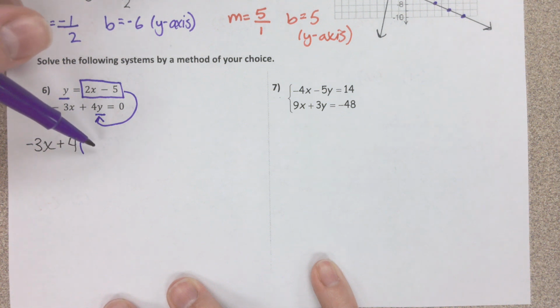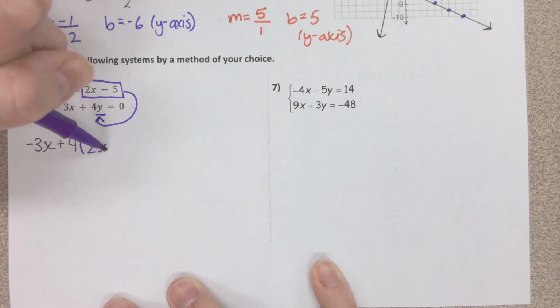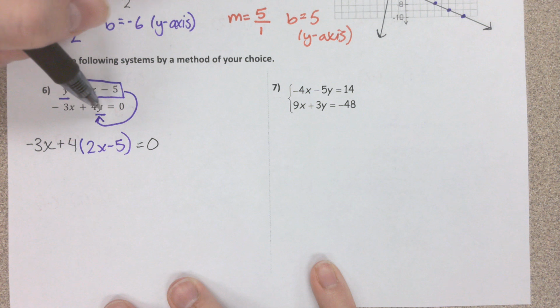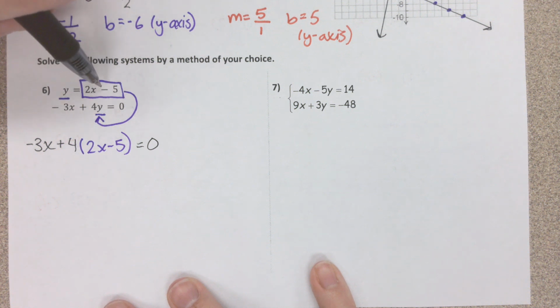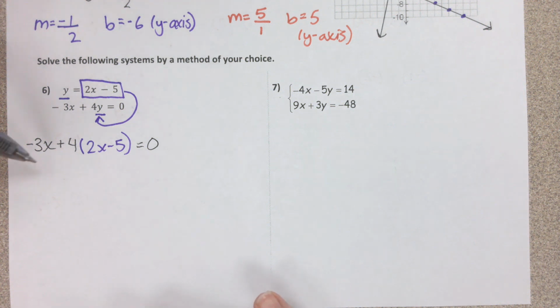I see students still write y and then the parenthesis. No. We're going to write this instead of the y. 2x minus 5 equals 0. So I wrote the bottom equation, and then I put the y part in for the y itself. When you do this, make sure you have only x or only y in your equation. If you have x and y, you've done something wrong.